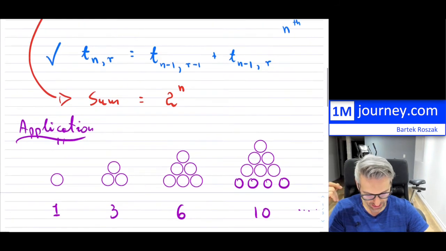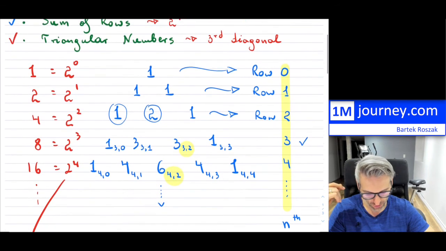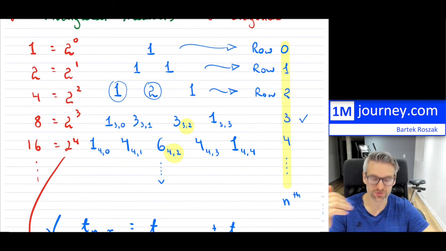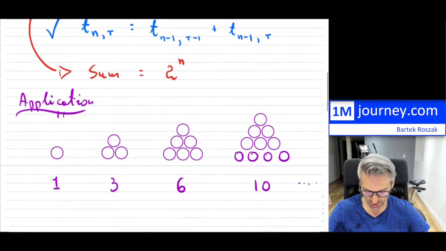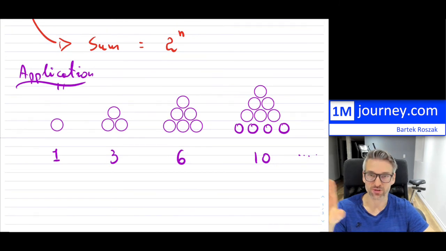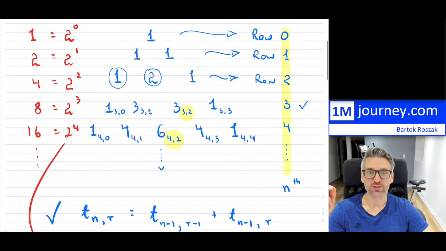And what you notice is that if you follow the patterns within your Pascal's triangle, you'll notice that these triangular numbers, or these coins that we're putting up, are going to be nothing else but just the third diagonal within your Pascal's triangle.